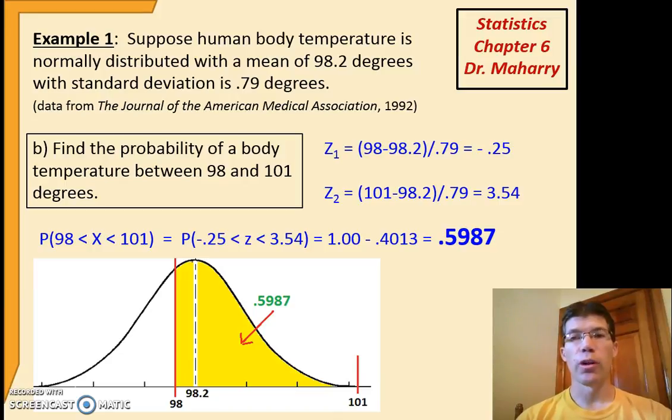When I look up negative 0.25, I get 0.4013. So the area between 3.54 and negative 0.25 is 0.5987. Similarly, the area between 98 degrees and 101 degrees would then be 0.5987. So about a 60% chance someone has a body temperature between 98 and 101.